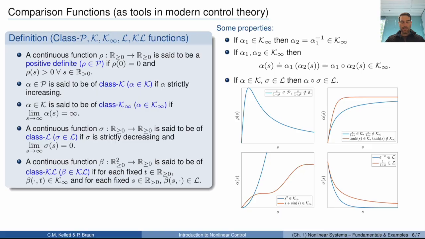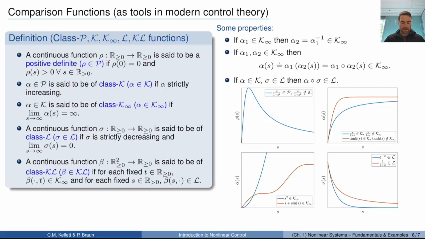And these are class P, class K, class K infinity, and L and KL functions. It's really important that you familiarize yourself with these classes of functions, because if they come natural to you, then a lot of proofs will become a lot easier to understand and potentially also to write.